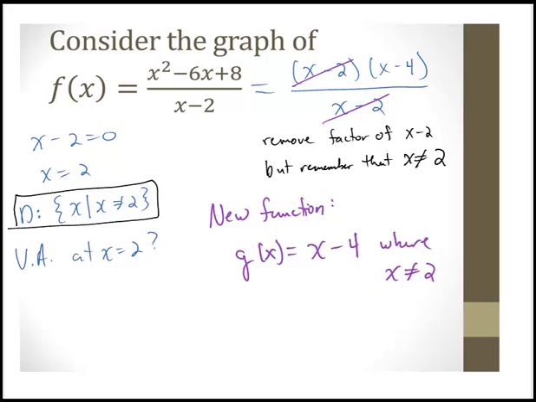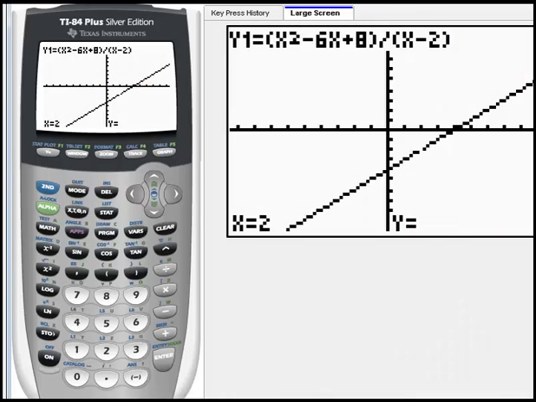So now notice that g of 2, if it existed, would be 2 minus 4, which is negative 2. And when we go back to the graph, notice that this hole appears to be near (2, -2). In fact, let me put in a value that's very close to 2. How about 1.999?